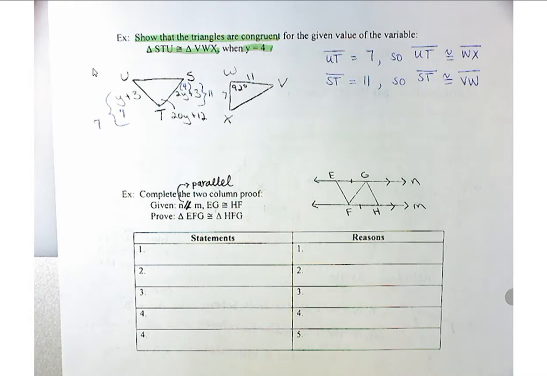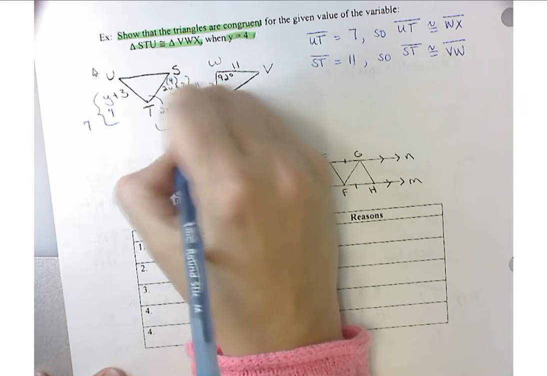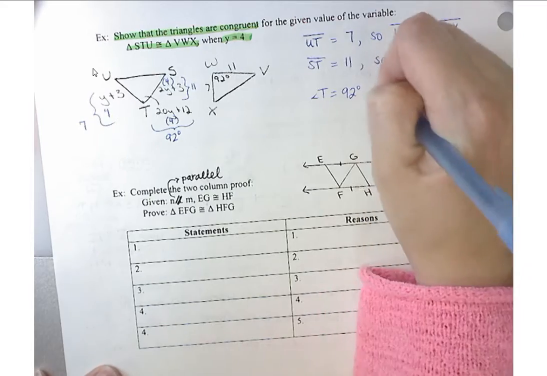And then, Alex D, what's the last thing? The last thing is the angle T. Okay, yep. What'd you get for angle T? I have 92. Good. And what does that mean? If we know angle T is 92 degrees, what else do we know?